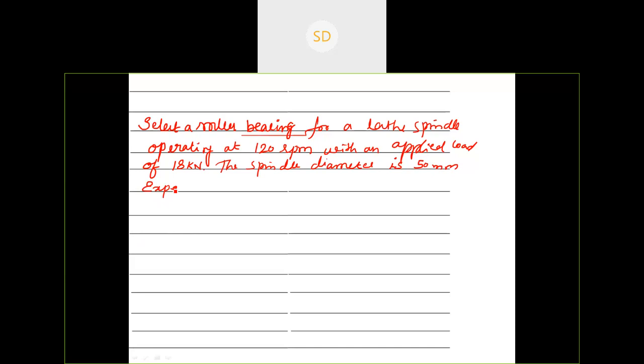The available dynamic load here is 69,630, and they have specified the diameter has to be 50. So the NU22 series is not suitable. Now this is the NU23 series, where you have a dynamic load of 90,960. That means the suggested roller bearing for this application is NU2310.